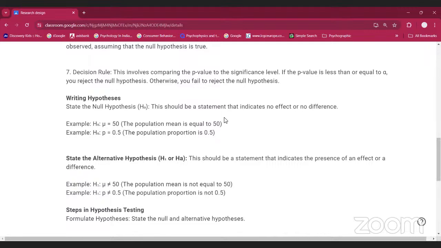The population proportion is not 0.5. Why is it 50? Sir, the population mean is not equal to 50. Yeah, the population mean is not equal to 50.